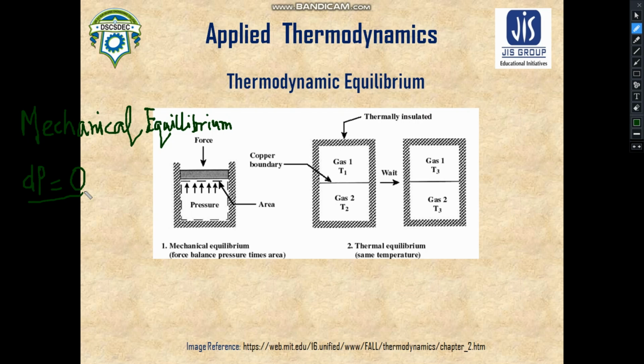Okay, so it also means that there shouldn't be any kind of pressure difference. Just like in case of thermal equilibrium, there shouldn't be any kind of temperature difference. And what do we mean by chemical equilibrium? Chemical equilibrium suggests that there should not be any kind of difference in mass concentration present.